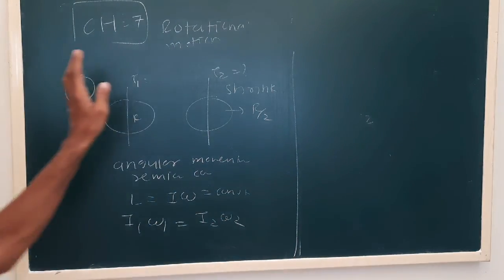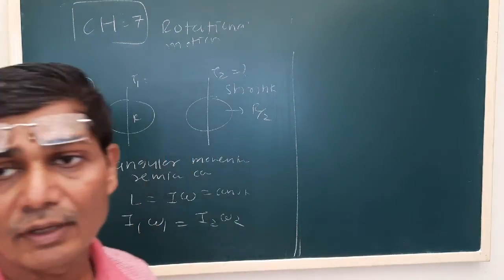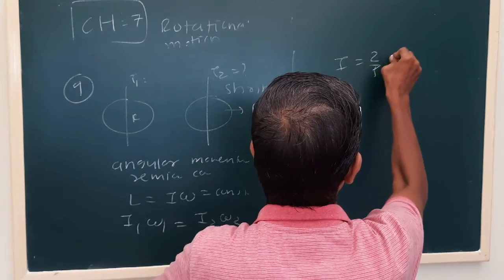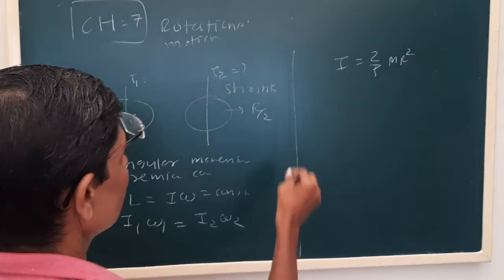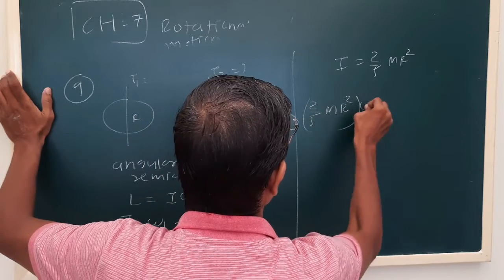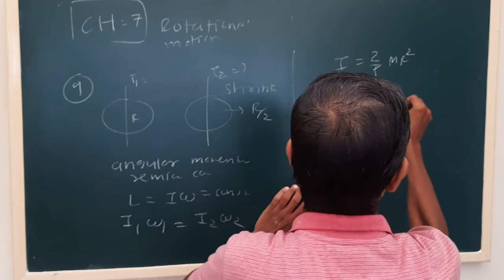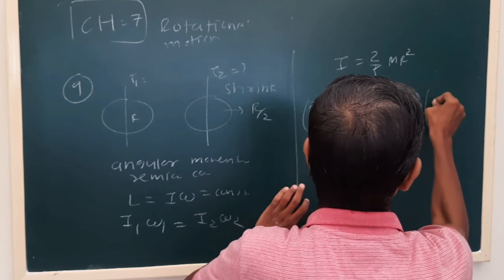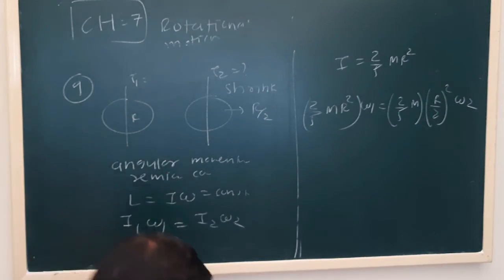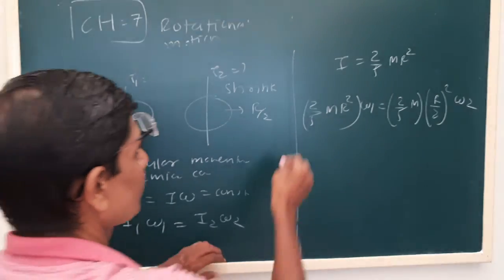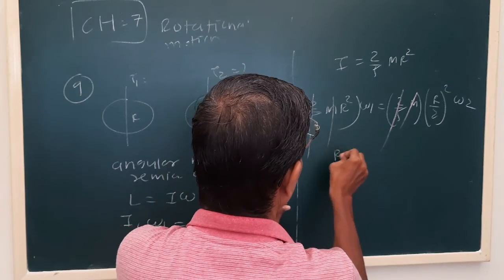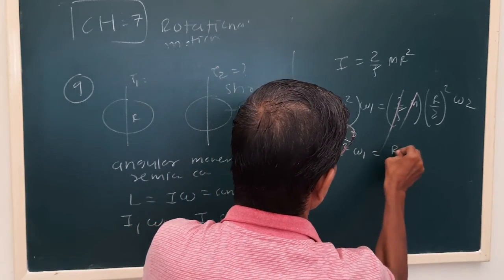Now see what is the formula? Earth we consider as a sphere. Moment of inertia is given as I is equal to 2 by 5 m r square. So 2 by 5 m r square omega 1 equals 2 upon 5 mass times r square by 4 omega 2, mass remains the same. Now we have to simplify. 2 by 5 is cancelled, mass is cancelled. See here the radius is r square by 4.